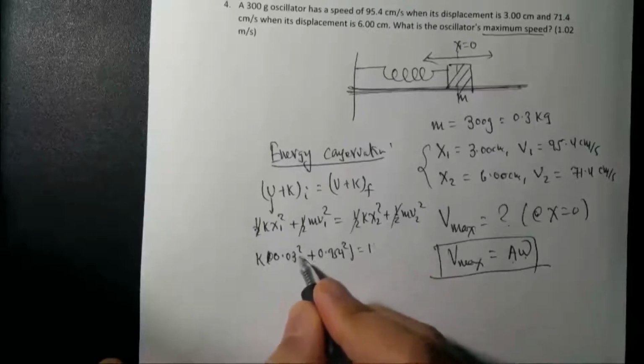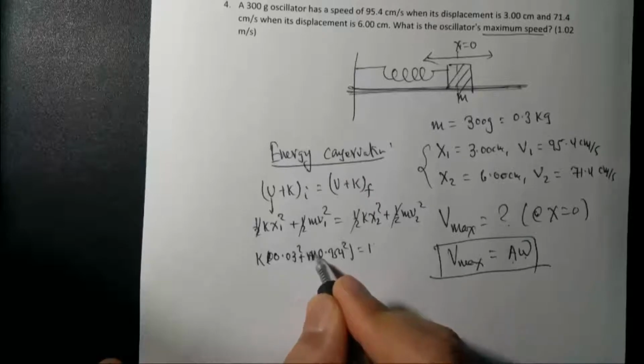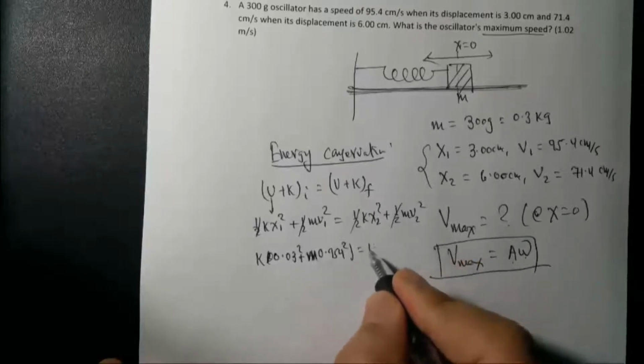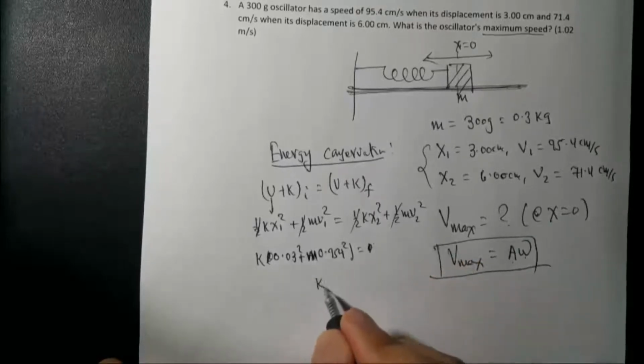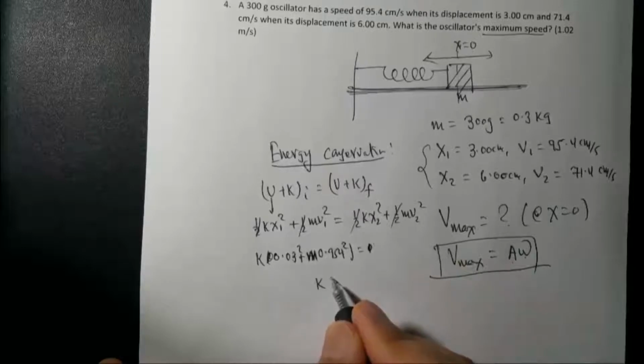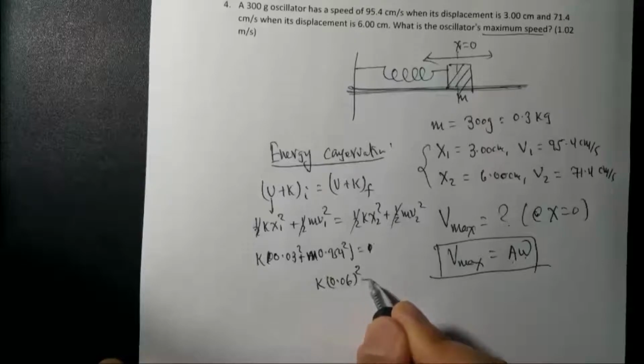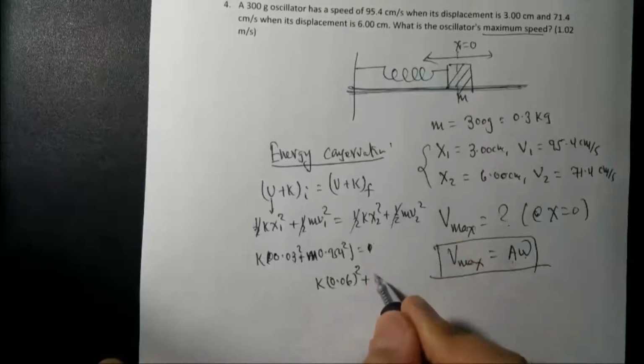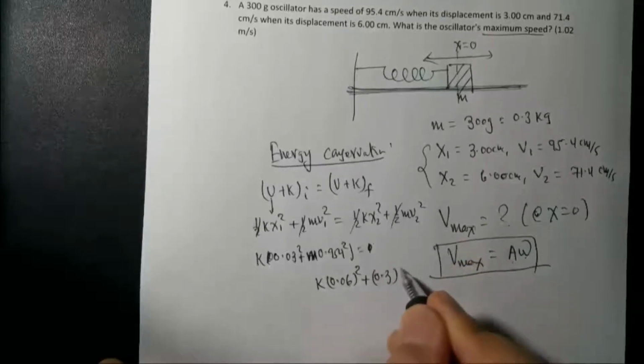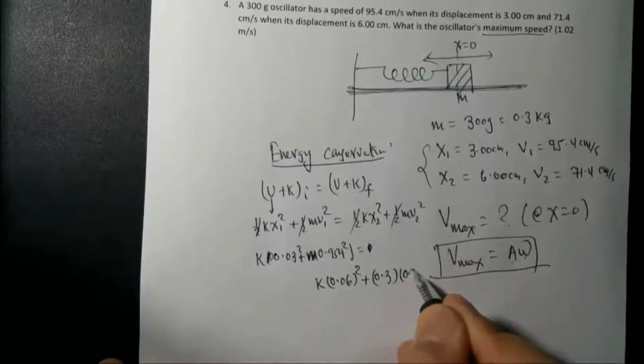The right hand side is K x2 squared, where x2 is 0.06, plus m, mass is given 0.3, and v2 is 0.71.